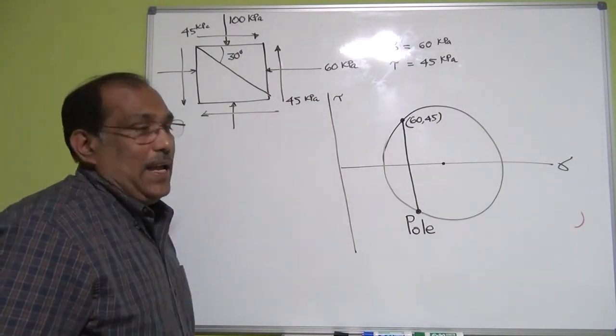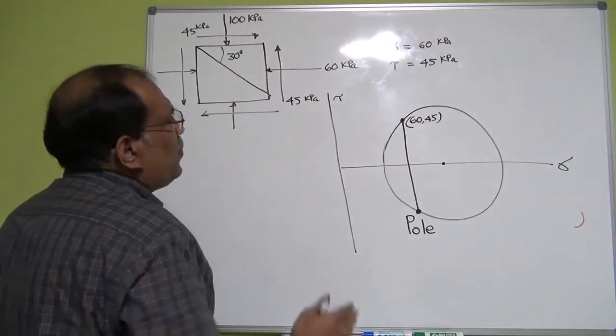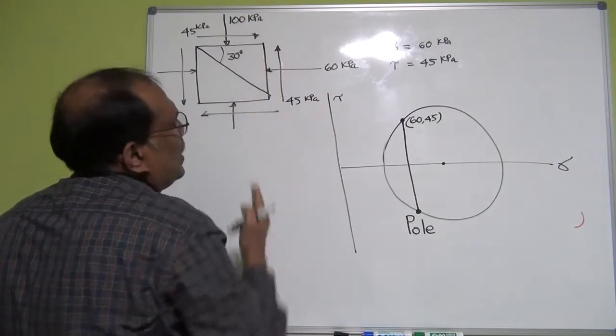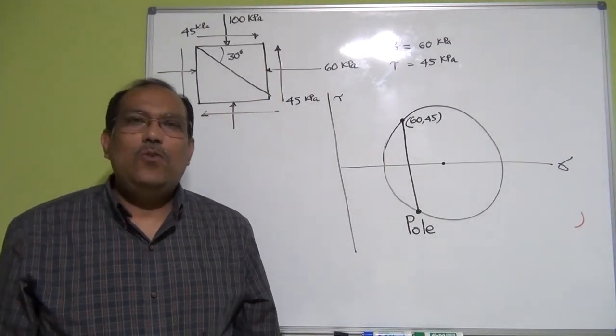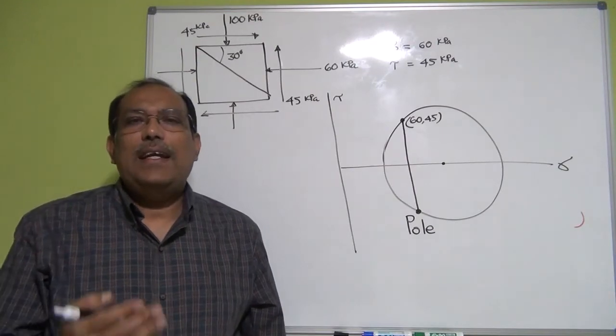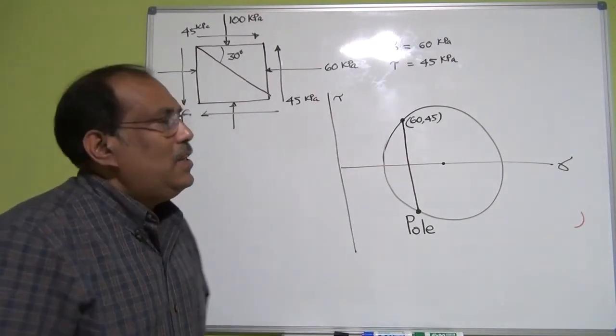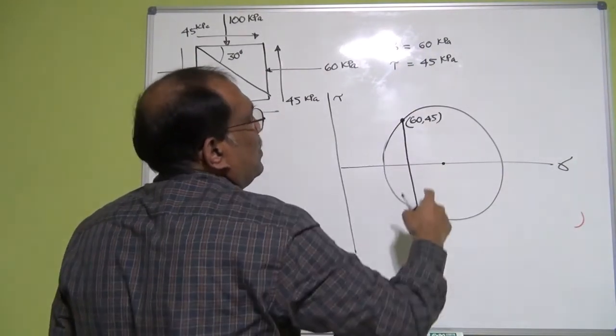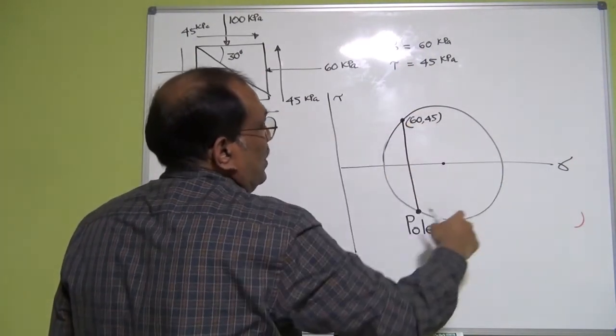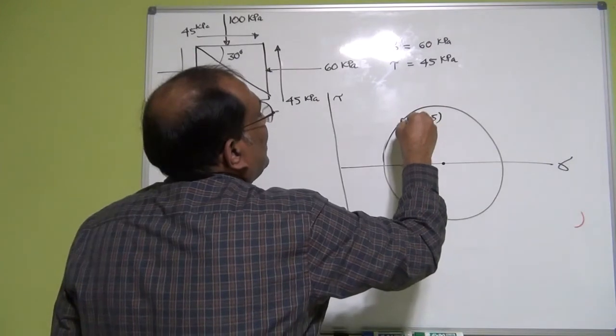So one more time, let me explain that. I take a look at the right side of my soil element and see what the sigma and tau are at this point. So sigma equals 60 and tau equals 45, and I locate that in the Mohr circle here.